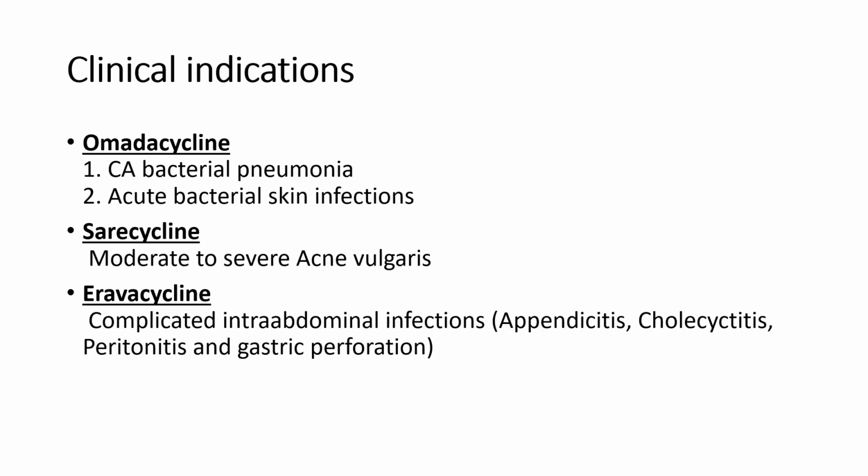Other tetracyclines like omadacycline are used in community-acquired bacterial pneumonia and acute bacterial skin infections, whereas sarecycline is used in moderate to severe acne vulgaris, and eravacycline is used in complicated intra-abdominal infections like appendicitis, cholecystitis, peritonitis, and gastric perforation. These are the new generations of the tetracyclines.